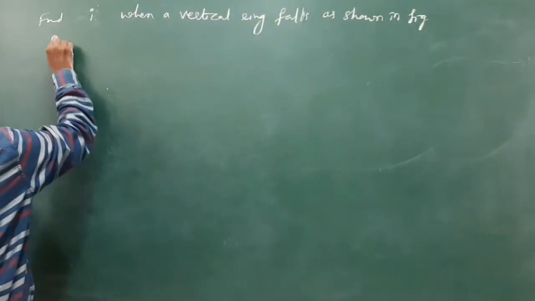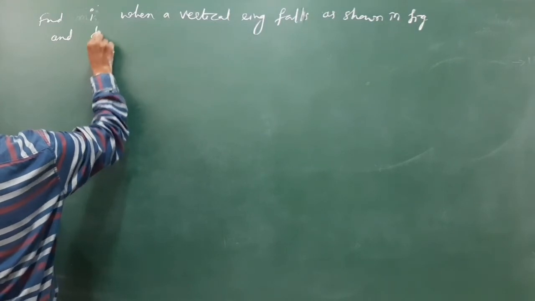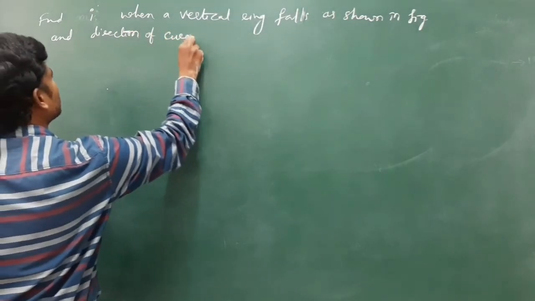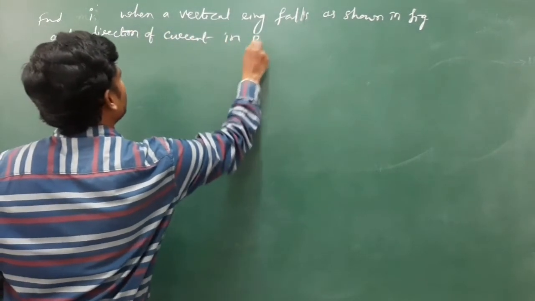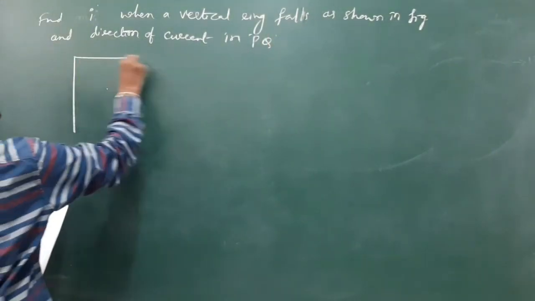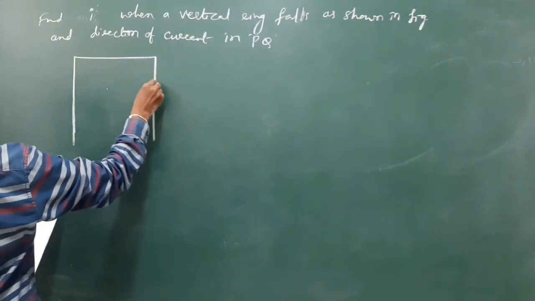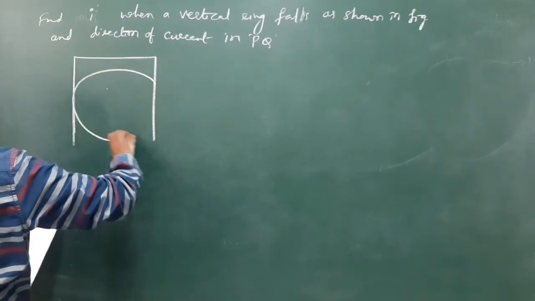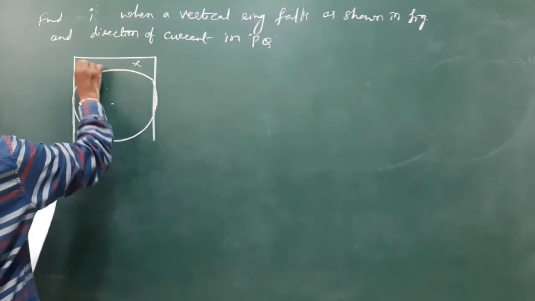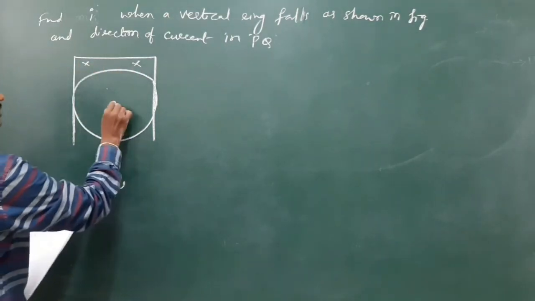And identify direction of current in PQ. See the diagram. See, this is the diagram. Field is into the board, and the ring falls like this with a speed v.